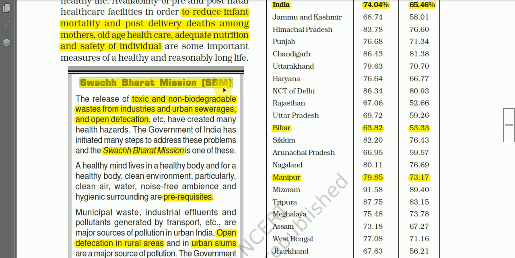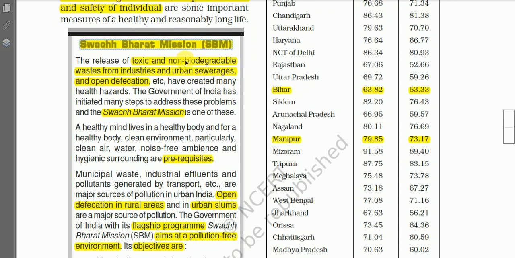Again, let us read what the objectives of Swachh Bharat Mission are and why it has been launched by the government in India. See, the release of toxic and non-biodegradable wastes from industries, and the urban sewerage and open defecation have created many health hazards. Industries in India are releasing toxic and non-biodegradable wastes.